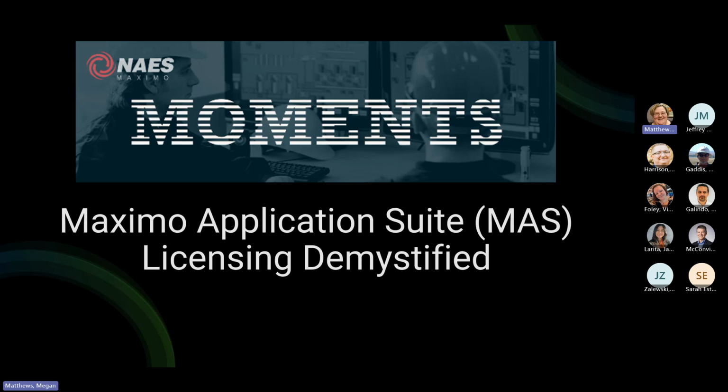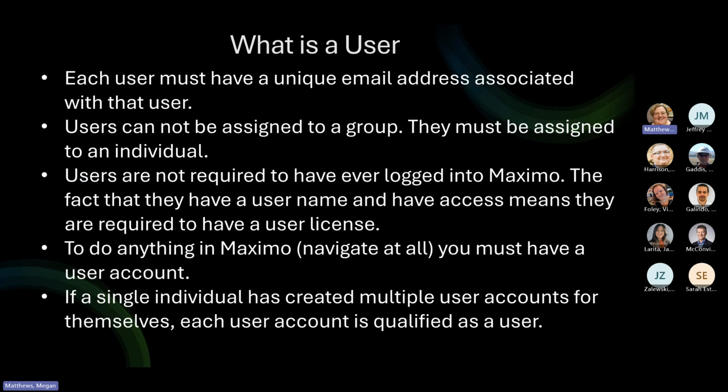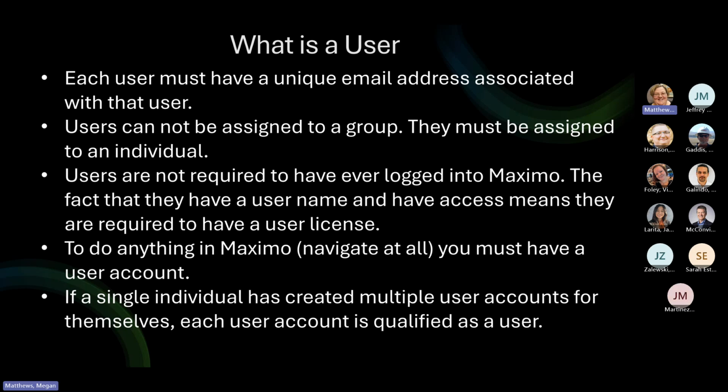So we're going to start off with the biggest question we get from everybody. How do you define a user, right? Every user has to have a unique email address associated with that user. A user and a person have to be associated one-to-one, but you could have potentially multiple users for one live human being, right?